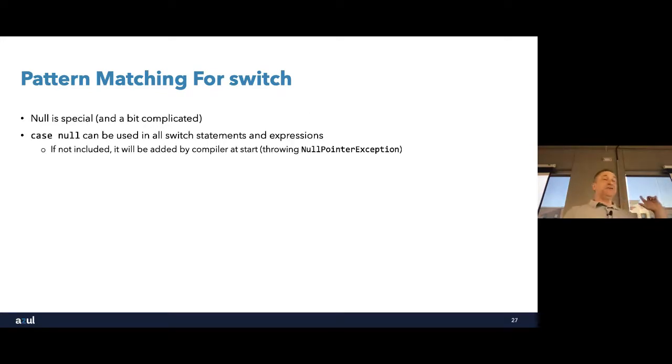Right, null is special and a bit complicated. So you can include case null in all switch statements and expressions. But in order to retrofit it to earlier code, what the compiler will do is, if you don't put one there explicitly, it will insert one for you.